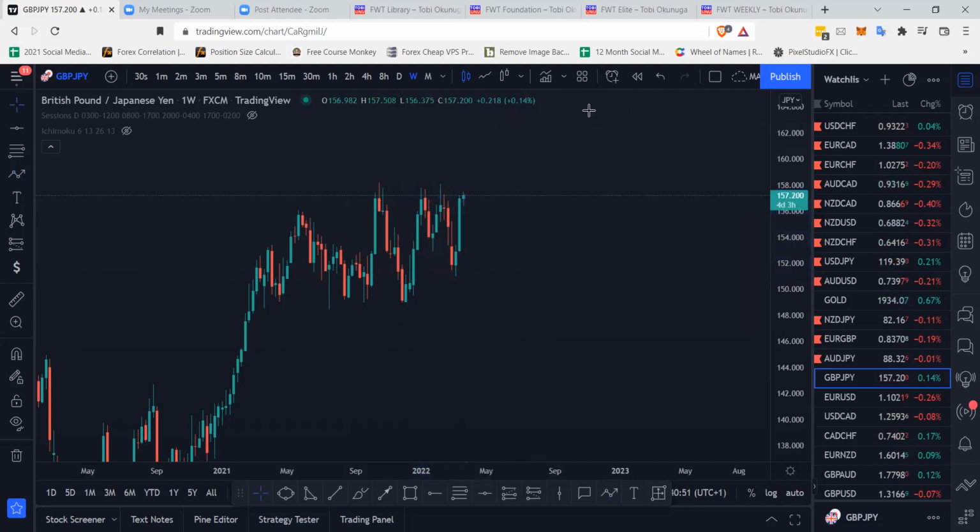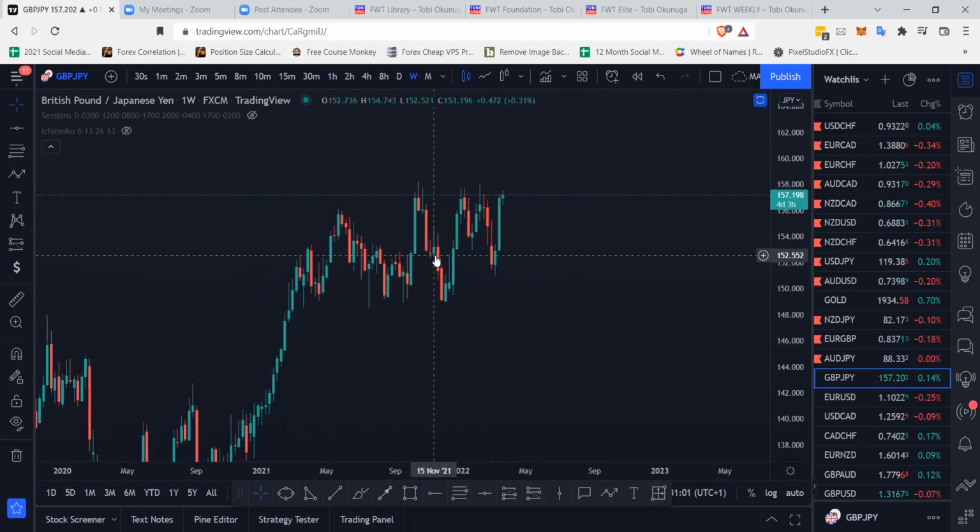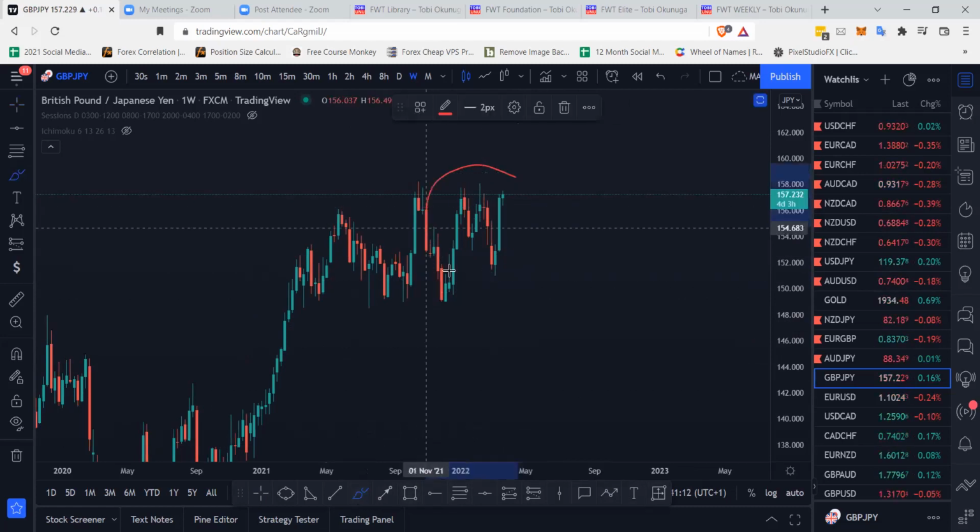Okay, a lot of things are happening here, but let's zoom in on what's going on with the current market price right now. So that's why this area is of interest to me.